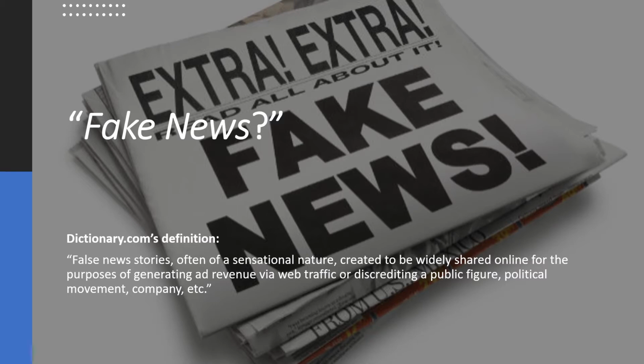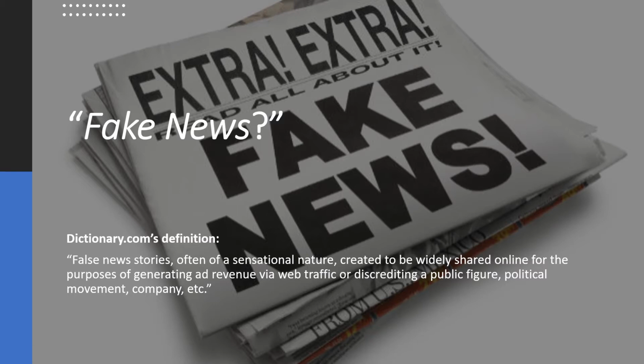This definition is important. There are really kind of two aspects here of how you might evaluate something as fake news. So certainly the story, the information is false, generally pretty sensationalistic, but it is knowingly created to be false. So whoever has created the information knows that it's false. And there's really one of two motivations.